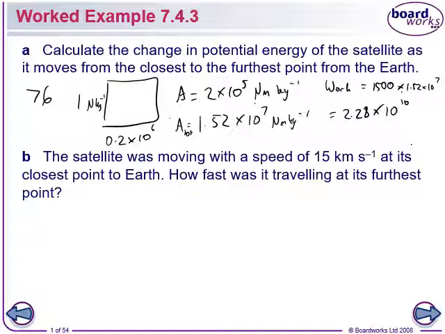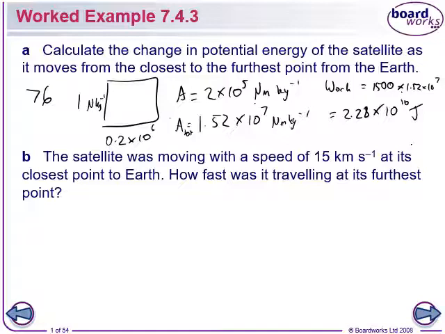I was confused because it says that the area under the graph is the energy change, and that also is the change in potential energy. So why would you have to calculate the work? Because the area under the graph of that type of graph, of gravitational field strength against distance, is not the total potential energy. It is the energy per kilogram of mass.